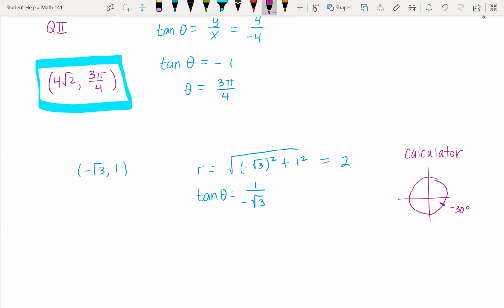But given the coordinates, we know that this should be in quadrant 2, right? So we're going to swing over to the other side over here, and we know that the answer that we're going to be giving is 150 degrees, or 5 pi over 6. So our answer for this problem is going to be 2, that's the radius, and then 5 pi over 6, that's the angle.